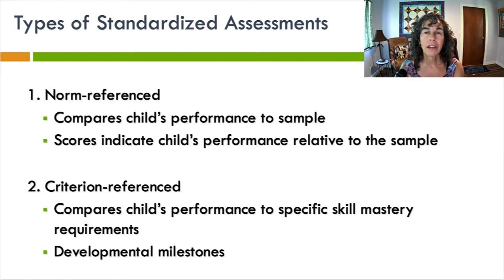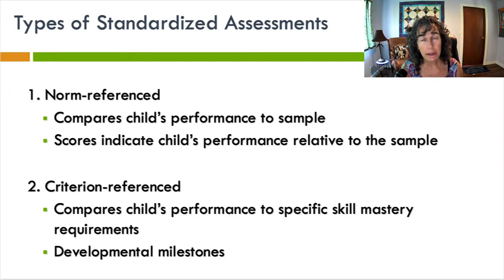And our client is 5 years old and cannot draw a triangle. That would be an example of a norm referenced item, right? And a norm referenced assessment is a collection of all of these items, but it would be a sample of comparing a child to a large group of same age peers to see what can the 5-year-old do, right?